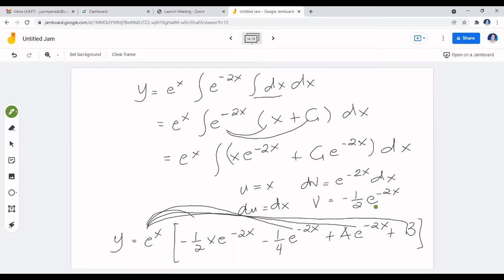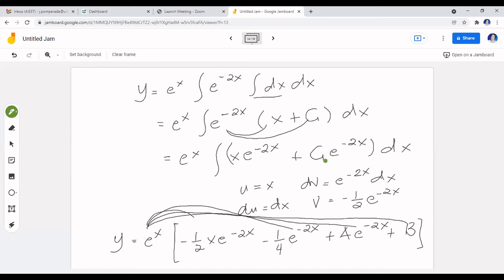However, the integral of this is another negative 1/2 e raised to 2x. So this makes it negative 1/4 e raised to 2x. So this first term has these two answers upon evaluating the integral. The second term actually will yield negative 1/2 c sub 1 e raised to minus 2x, because the integral of this is negative 1/2 e raised to negative 2x.